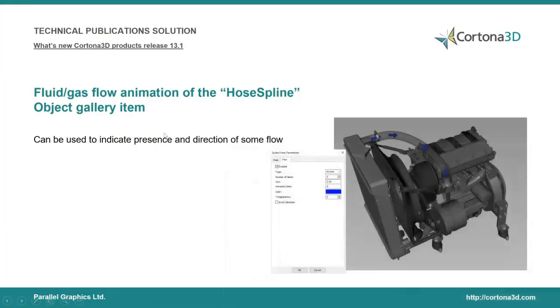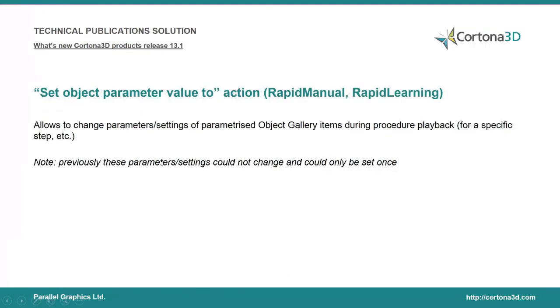It's quite simple, but it's a good opportunity to also show you it in conjunction with this another feature relevant to RapidManual Rapid Learning. This is a new action which you can use in your procedure, which is called set object parameter value to. What it does, it allows you to change parameters of parametric objects from object gallery during your procedure.